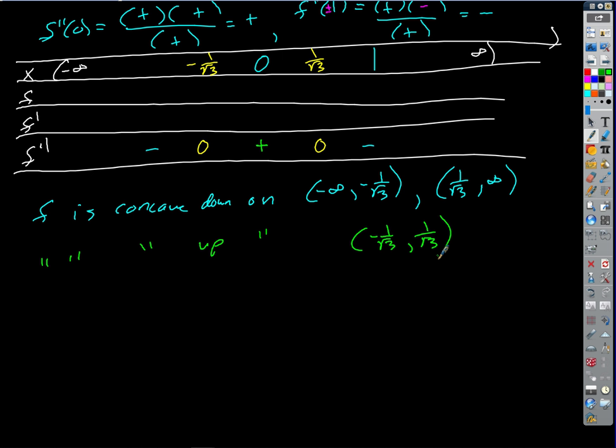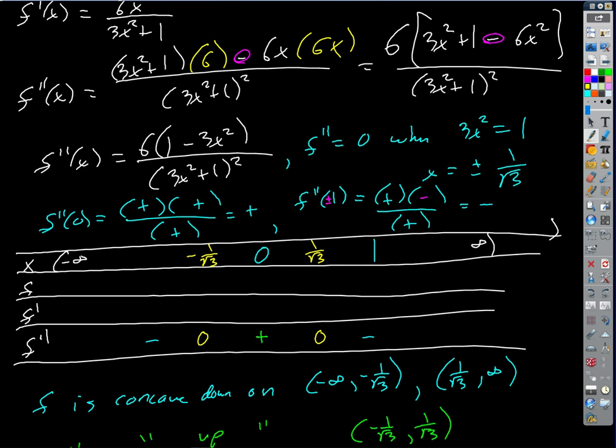And we know here that we're getting inflection points at x equals negative 1 over root 3 and 1 over root 3. Okay? We get lots of stuff pretty easily from that table, right? Okay.